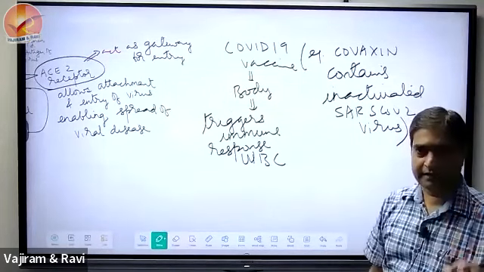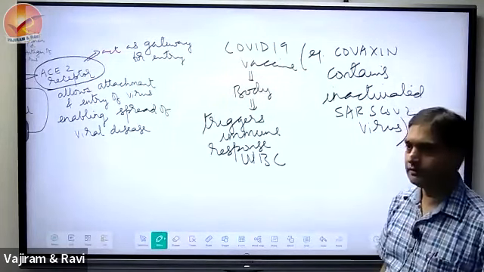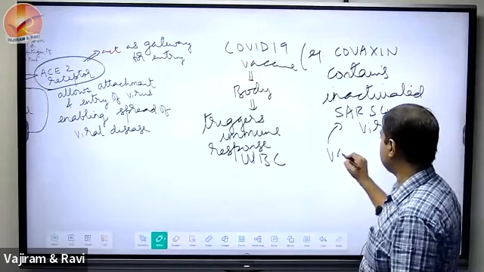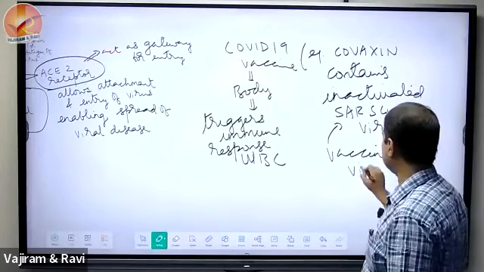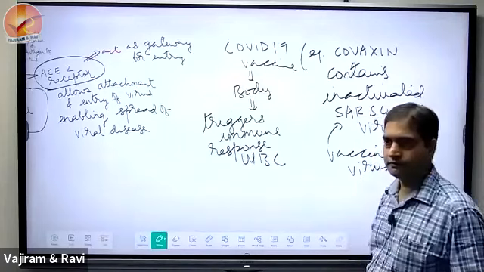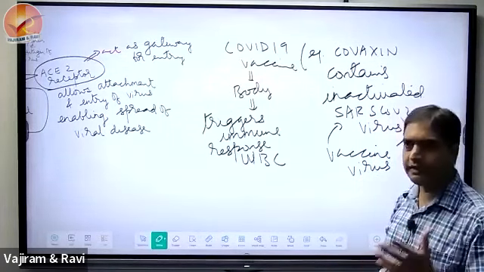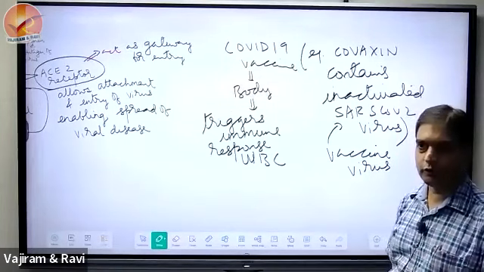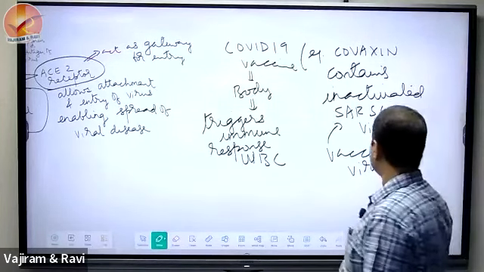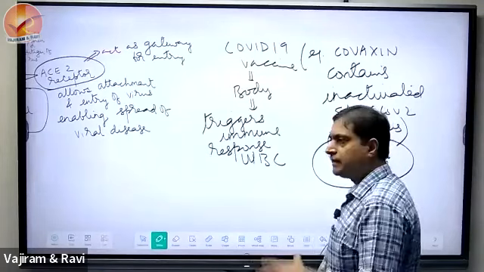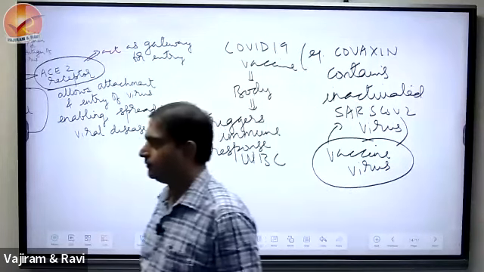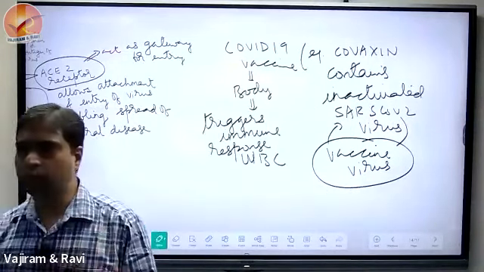So in the process of vaccination, what is injected into your body? We are injecting the vaccine virus. Injecting what? Vaccine virus. So the vaccine virus carries its antigen, its spike protein, into the vaccinated body, and the vaccinated body will trigger an immune response.